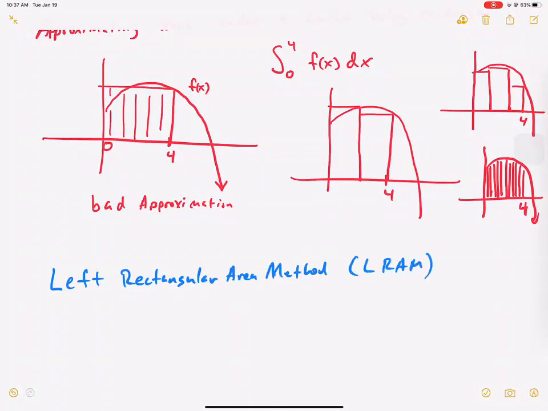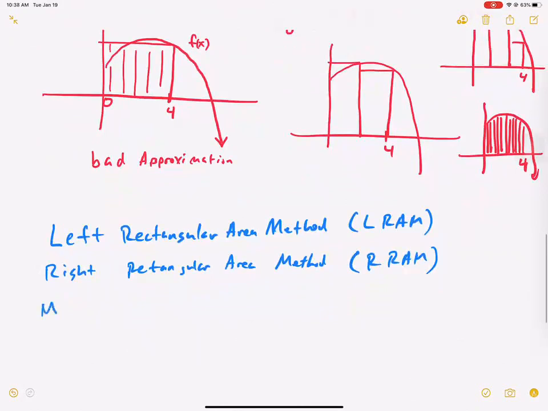We're going to deal with the right rectangular area method, abbreviated RRAM, and MRAM, which is the middle.